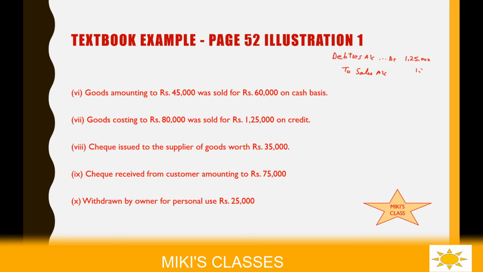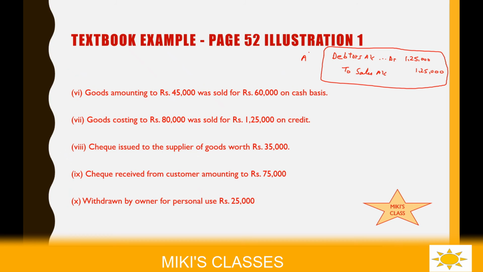This is also 1,25,000. Correct? This will be the journal entry. Now this debtor is an asset because you have to get money at a later point for something which you have already done. You've already given the goods to the purchaser. He has to pay money to you. So this is an asset.